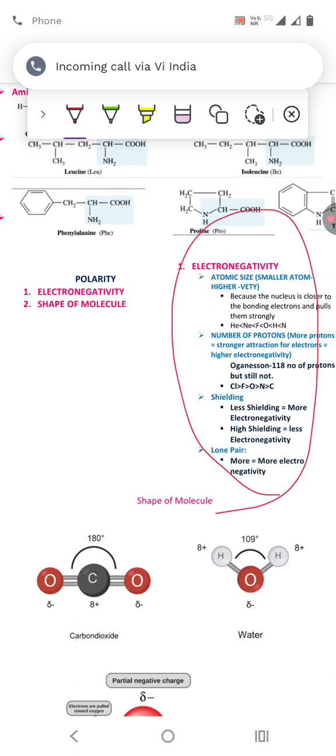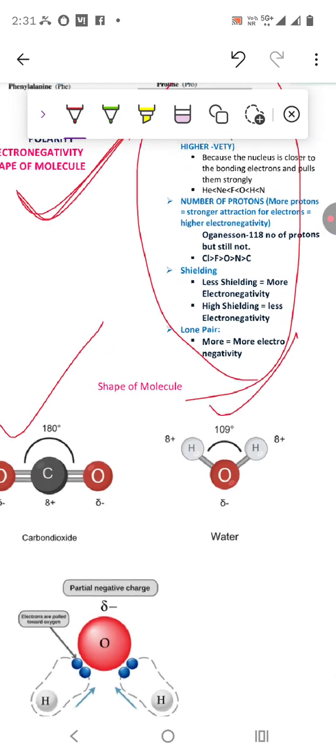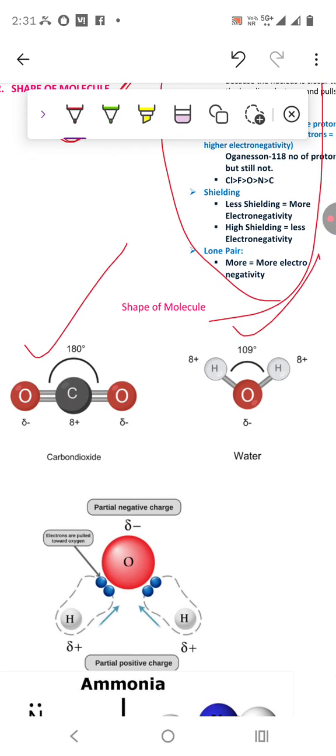Then there is the shape of a molecule. What is the shape of the molecule? Whether the molecule is linear or bent, what will happen is, look at the water. Oxygen is more electronegative. It will attract the shared pair of electrons towards itself.